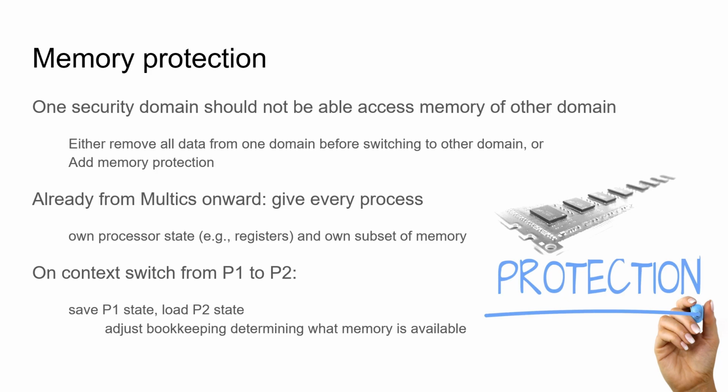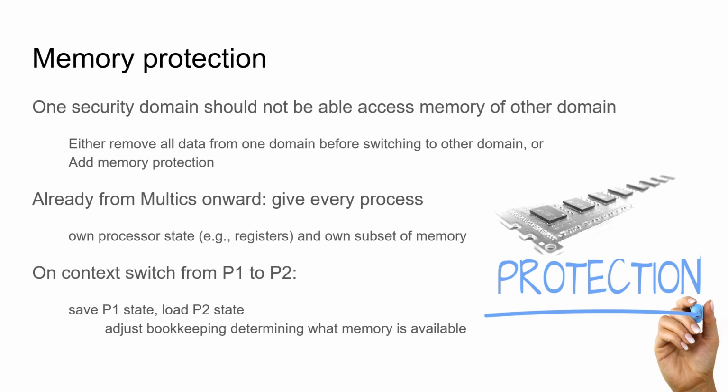For the registers, we take care of them in the way that I described earlier, where whenever we switch a process, we save the processor's register state, and load the processor state of the new process, and then we start running. And we also give every process its own subset of memory, and there we add memory protection. So we do a combination of the two solutions sketched above.